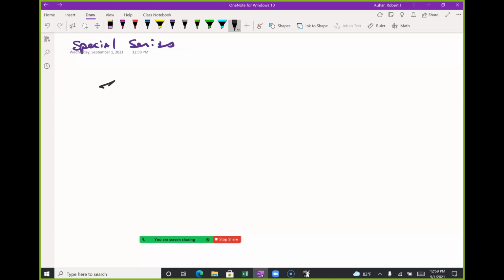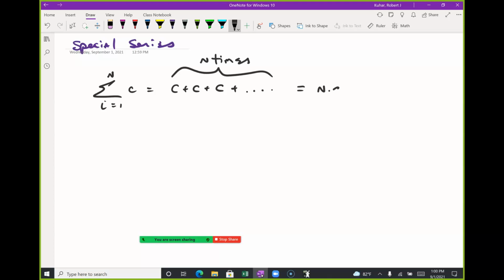The first is the series from i equals 1 to n of a constant. So this is c plus c plus c plus dot dot dot, n times. And what I get as an answer is n times c. So if I add up 5, 7 times, 5 plus 5 plus 5, 7 times, I get 35, 7 times 5. That one doesn't need much proof.